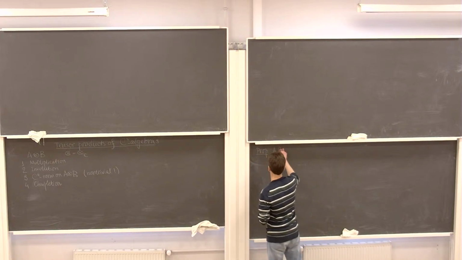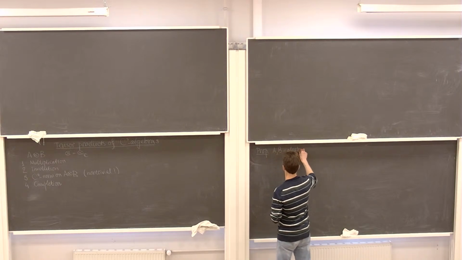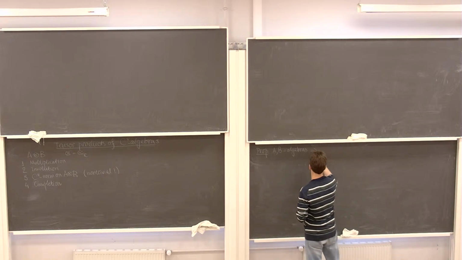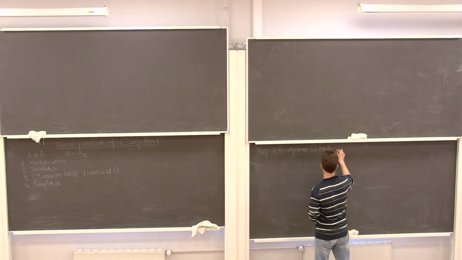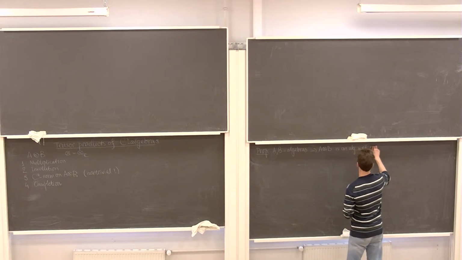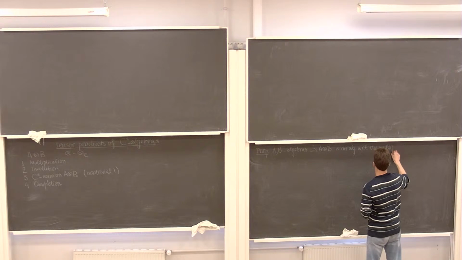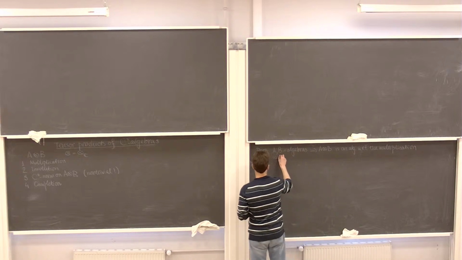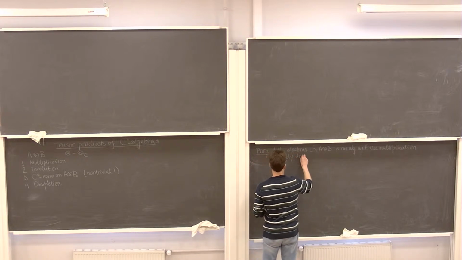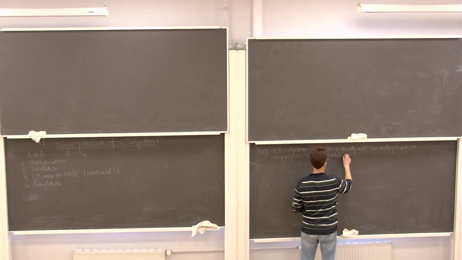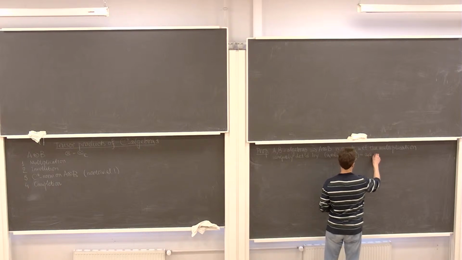If we have two algebras A and B, then their tensor product is also an algebra with respect to the multiplication uniquely determined by the following rule. If we multiply two elementary tensors, A1 tensor B1 and A2 tensor B2, we get an elementary tensor of the following form.